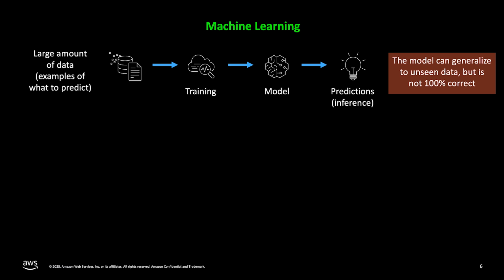You have labels, and then you take the data, and you take your algorithm, you go through the training process, you have a model that you've developed, and then at inference time, you do prediction. But we all know that the number one goal of classical machine learning is generalization. And so what you're trying to do here is make your model generalize to unseen data. But in most cases, it's not 100% correct. So that's the machine learning paradigm.